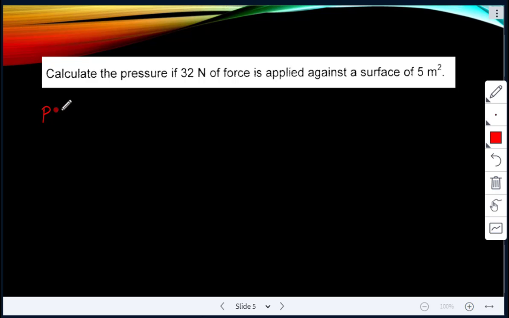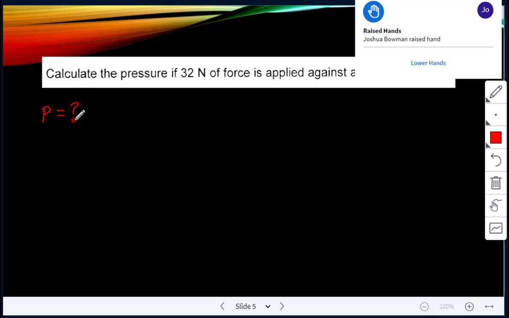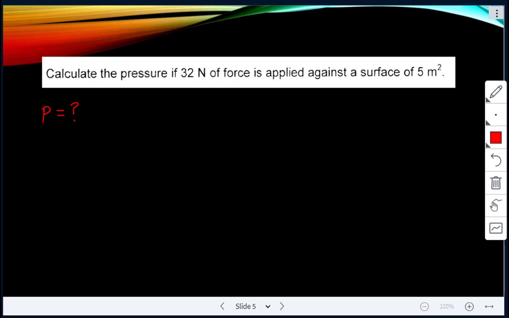We don't know pressure, so pressure is what we're calculating. Force is always measured in newtons. We know the force. It tells us in the question is 32 newtons. And area, we are also given 5 meters squared.